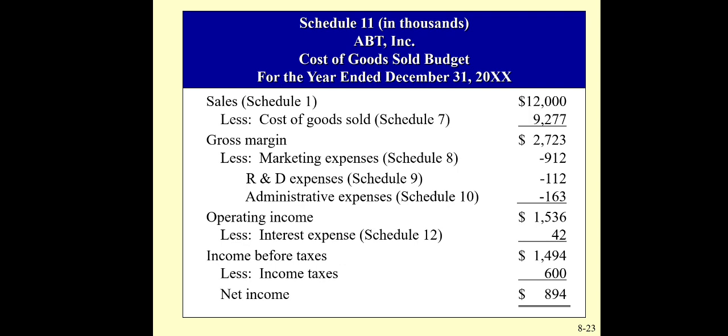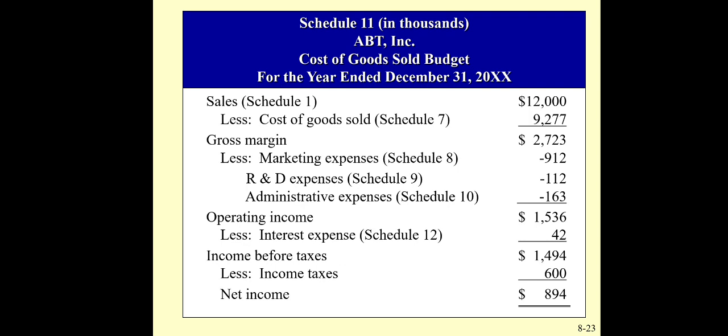Less interest expense, which is coming from schedule number 12. You are supposed to prepare that first before you can prepare schedule 11. So in this sample budget, the income before tax is equal to 1,494,000, and then less income tax.